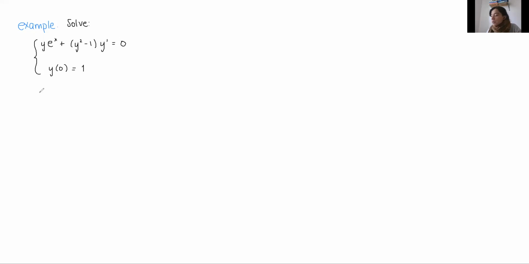And I'm going to put a big warning over here, because for this problem, you're going to find an implicit definition for y, right? So that means that you can't solve for y.